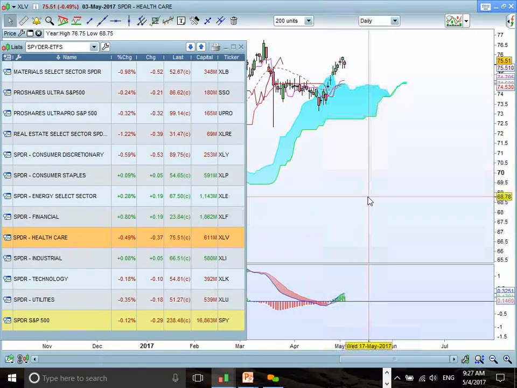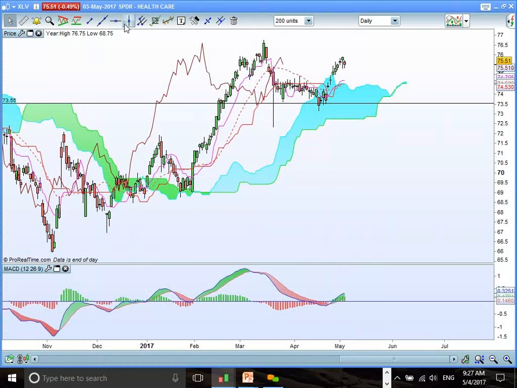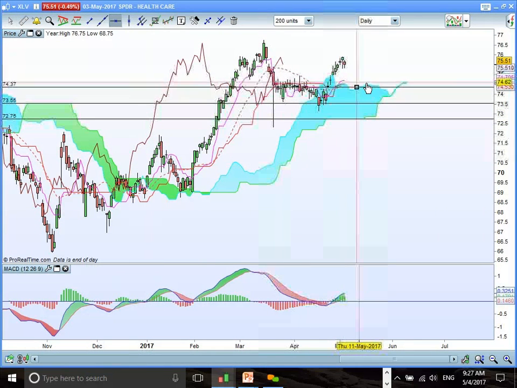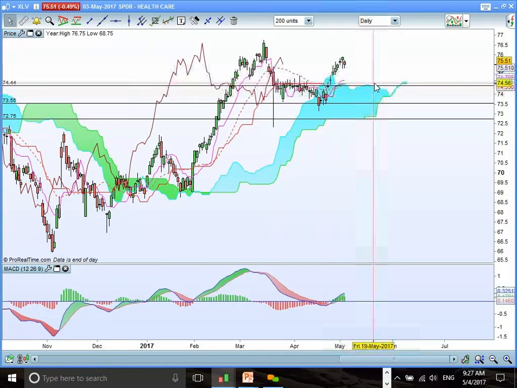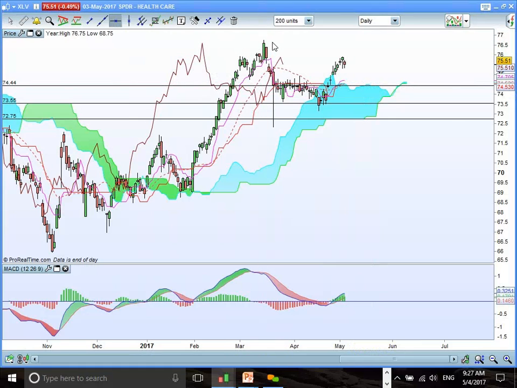Healthcare XLV rebounded from cloud support within the cloud. We have these old cloud levels here. You can see these are key support zones. And so the support zone here is around 74.50 with these old highs here as a major resistance zone.